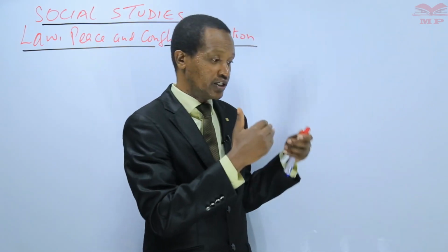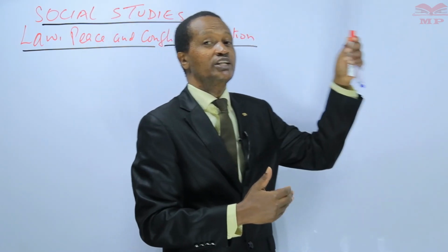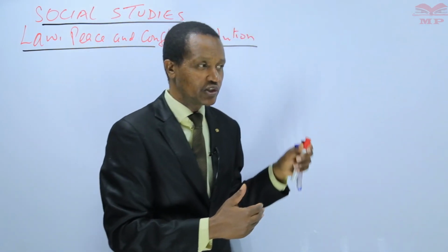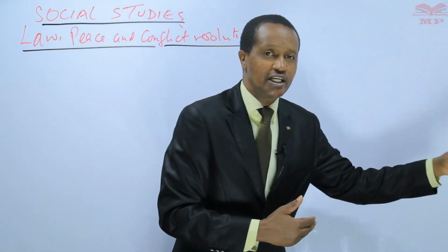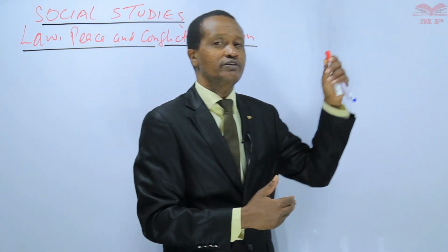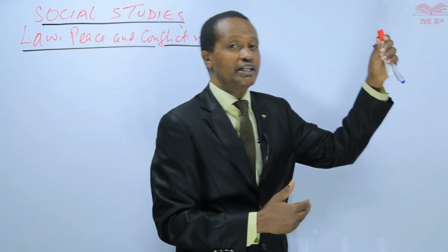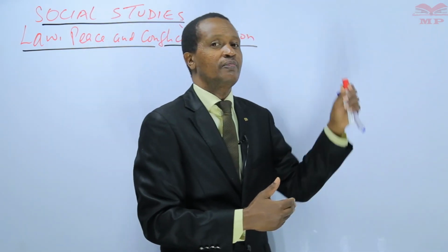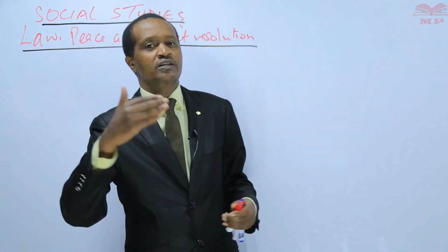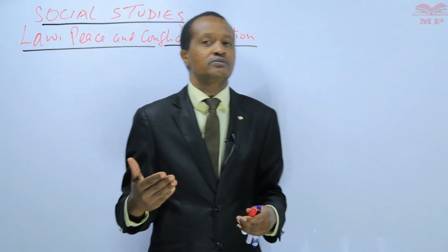The government requires doctors to work in such areas. So if there is no peace in a certain area, if lawlessness prevails, then no one would want to work in such an area. So it becomes difficult for the government to provide social services.